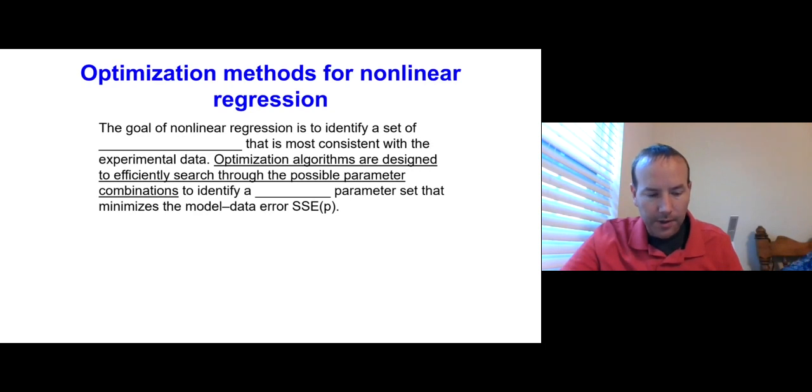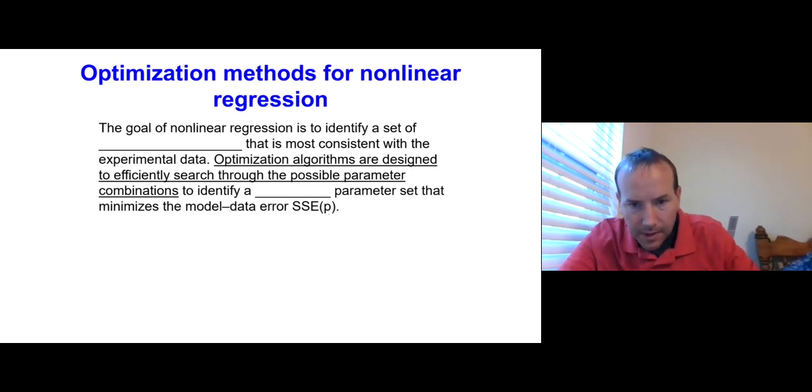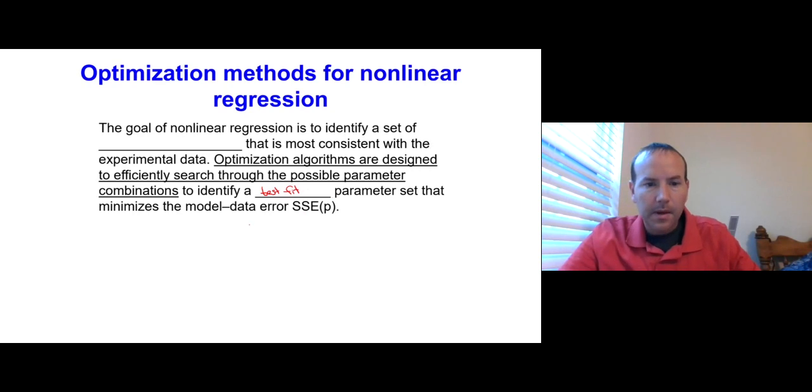It's very costly though, and so the other approach to nonlinear regression is to use optimization methods. Optimization methods are designed to efficiently search through the possible parameter space and combinations to find a best fit parameter set that minimizes the error between the model and the data.